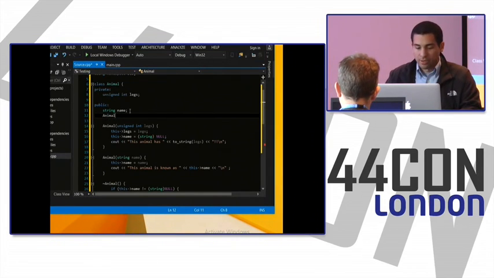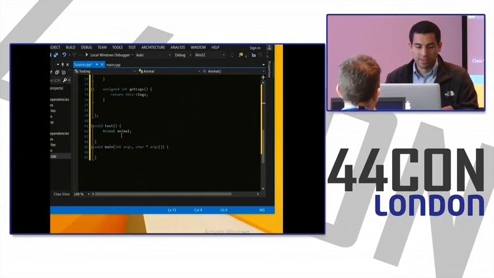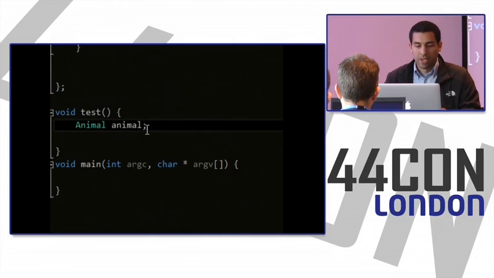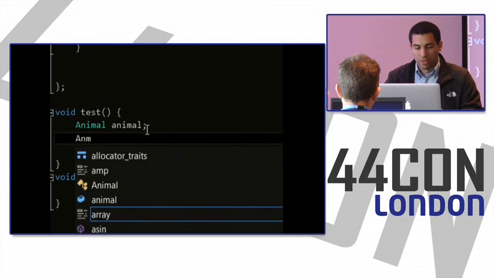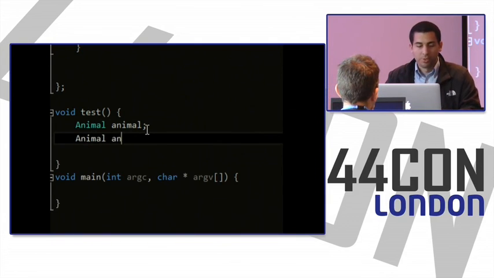If you have a default constructor, that's a constructor without any arguments, a declaration such as this is all you need in order to create a new object on the stack. Nothing else is needed. If, however, we want to use one of the actual constructors we created, we can define it such as this.